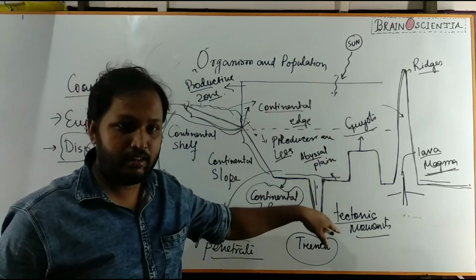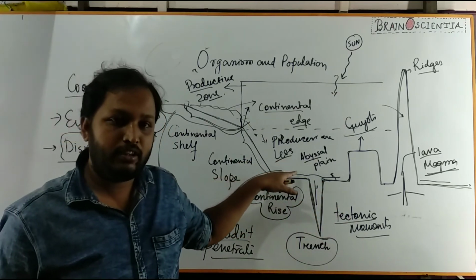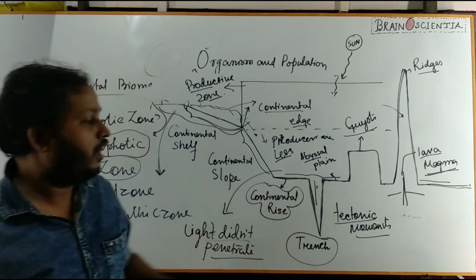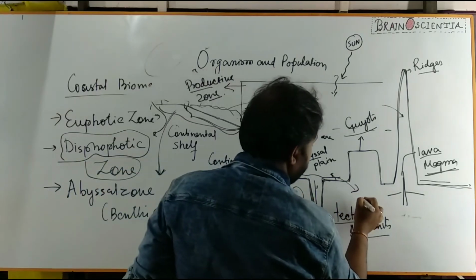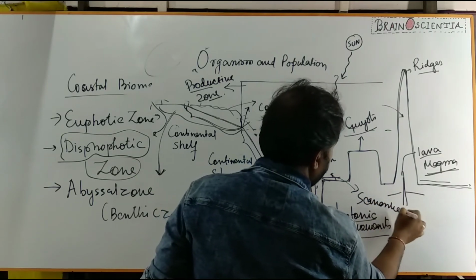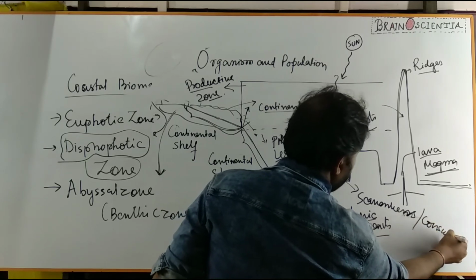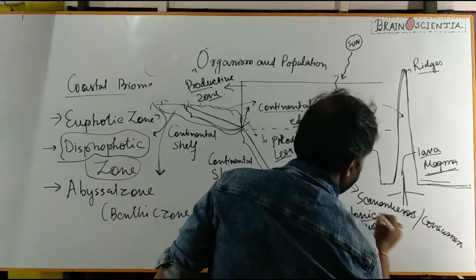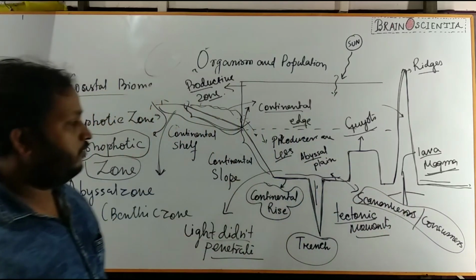Since light does not penetrate there, the producers are less, whereas the consumers are maximum there. Scavengers are also present in this region. So production is less in the abyssal plain.